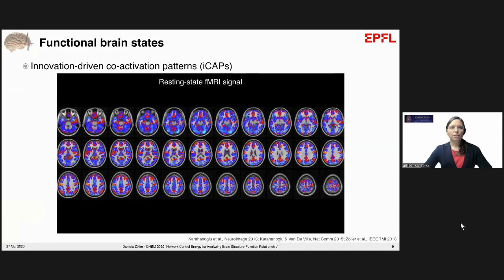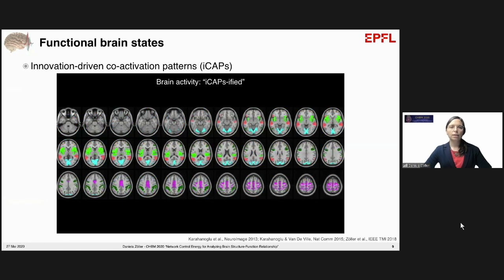The functional brain states were retrieved using innovation-driven co-activation patterns. For more details on this, I will let you look at the references here. So basically, we decompose the resting state fMRI signal in different functional brain states. And then for each of these brain states, we computed the persistence control energy given an individual's structural connectivity.